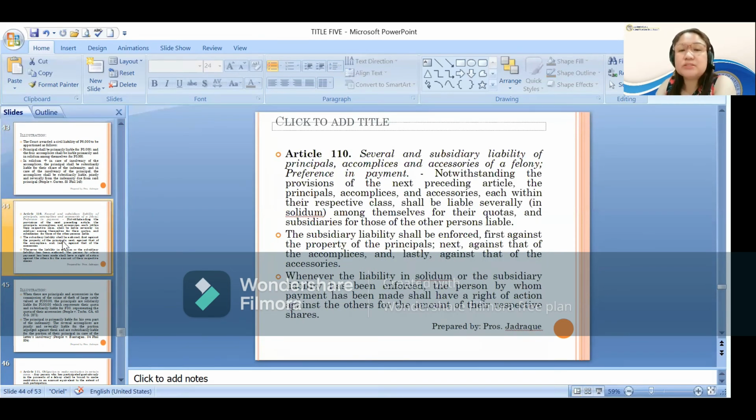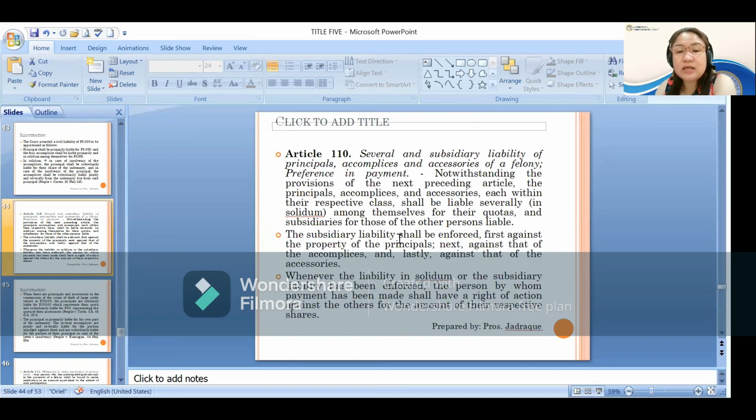Now, Article 110, several and subsidiary liability of principals, accomplices, and accessories of a felony. You have their preference in payment. Notwithstanding the provision of the next preceding article, the principals, accomplices, and accessories, each within their respective class, shall be liable severally among themselves for their quotas and subsidiarily for those of the other persons liable.